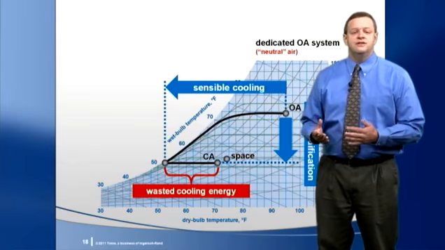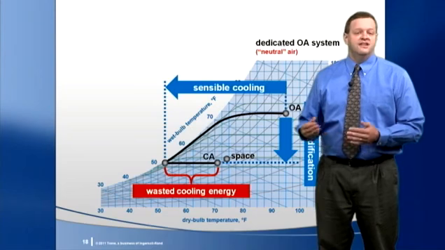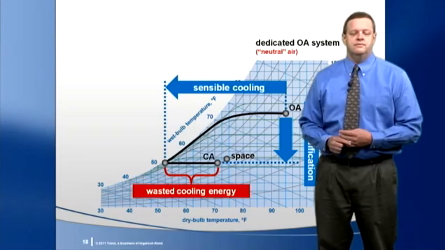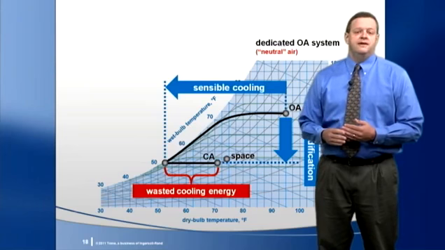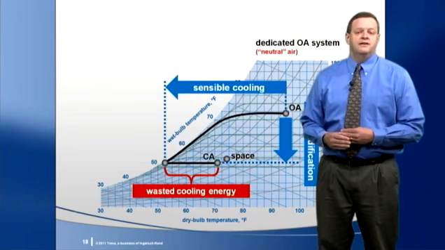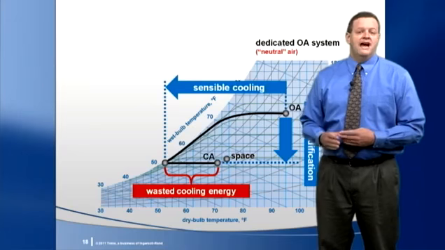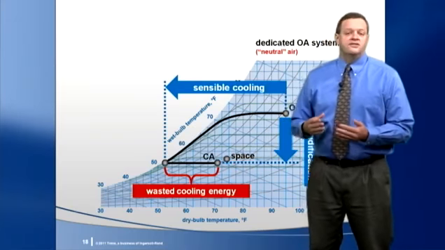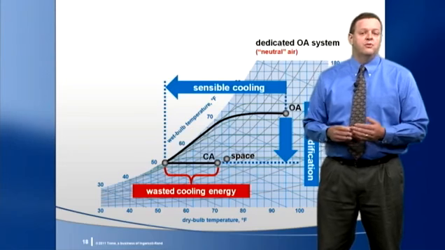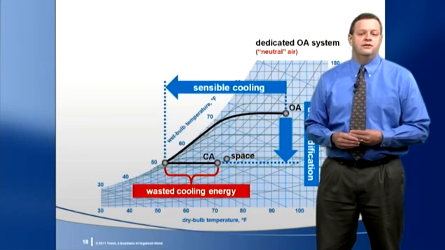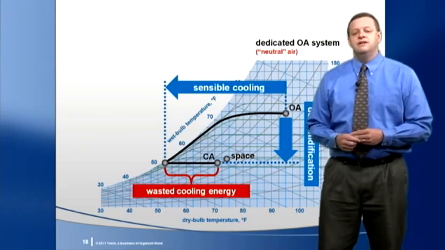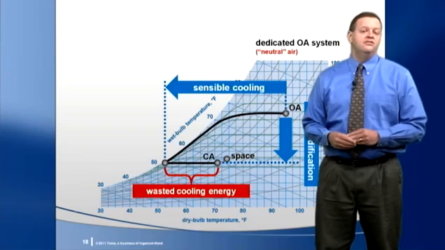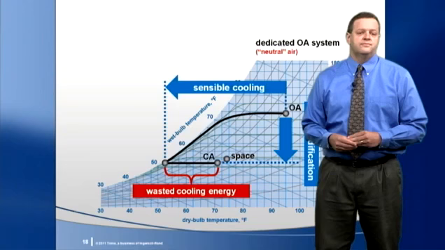If a space needs cooling, why not make use of the sensible cooling already done by the dedicated outdoor air unit? Now, as Paul will explain in a bit, for a dedicated outdoor air system, ASHRAE 90.1 does not prohibit reheating this air to neutral, as long as it's no more than the minimum ventilation airflow required by ASHRAE 62.1. But even if the reheat energy is recovered, reheating to neutral air isn't usually the most efficient choice.